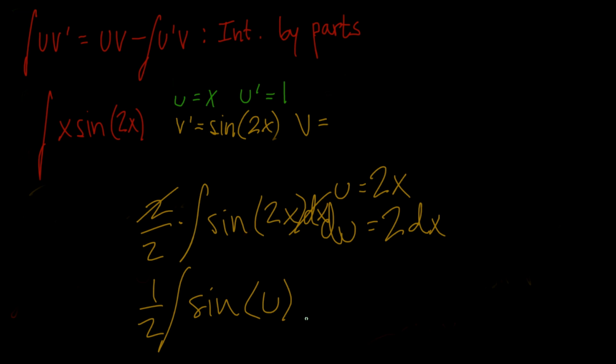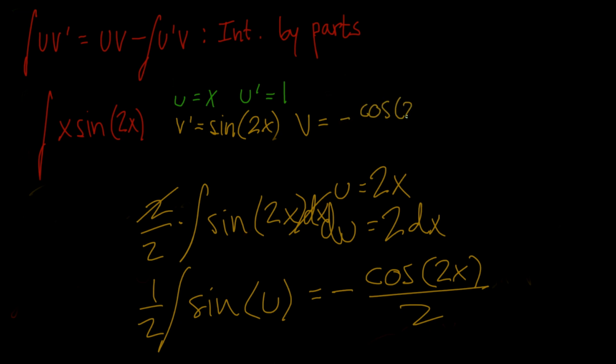And then we plug in our u for 2x here, and so that's just going to be the negative cosine of u, which we said was 2x, over 2. The integral of sine is negative cosine. We get the 2 on the bottom from this 1/2, and our u is subbed back in for the 2x. So we can write this as negative cosine 2x over 2.